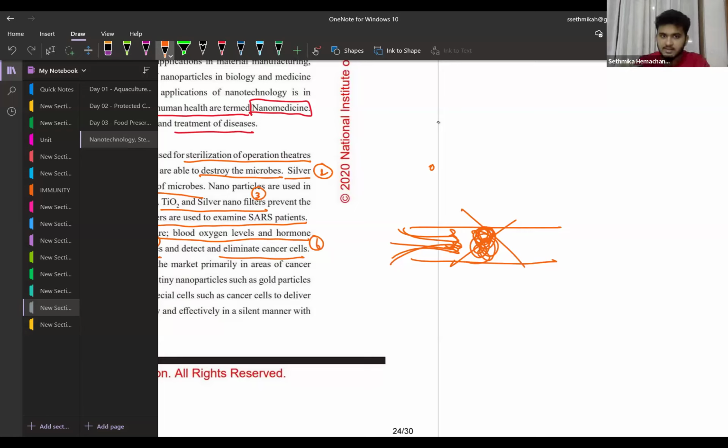People become bald because of chemotherapy, right? Chemotherapy. What's chemotherapy?